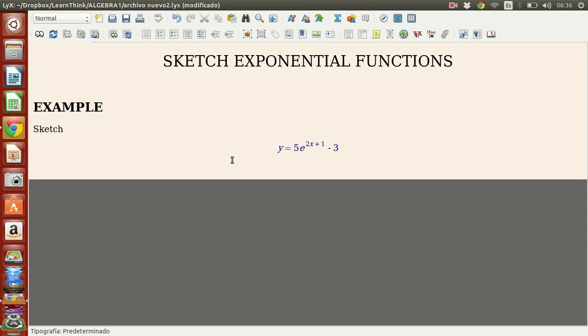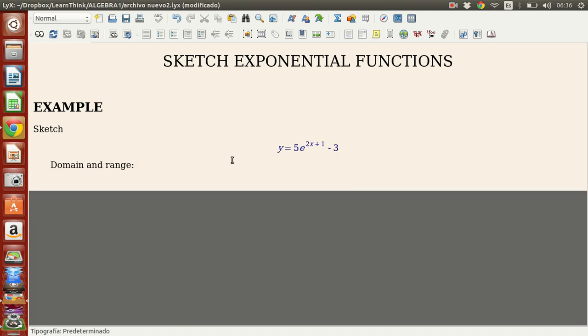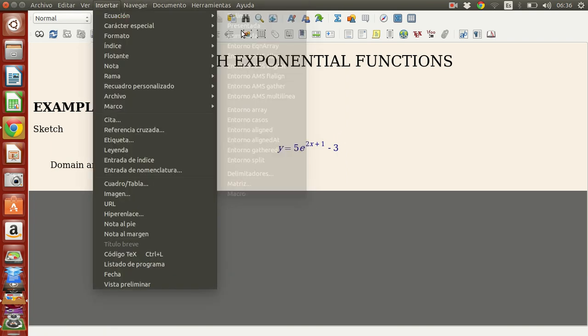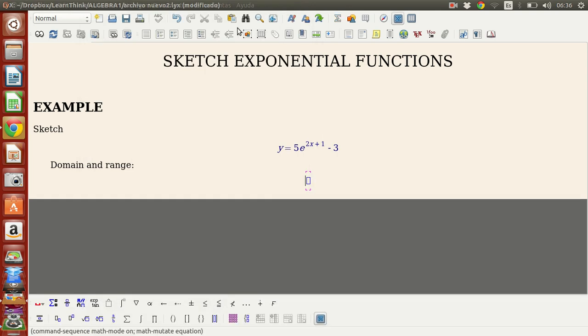To have the graph of the exponential function, we have to go step by step. I usually recommend to start talking about domain and range. The domain of an exponential function is always all the real numbers.